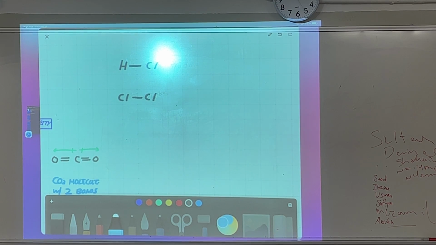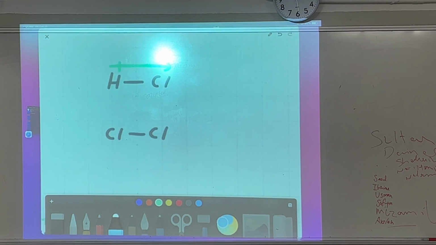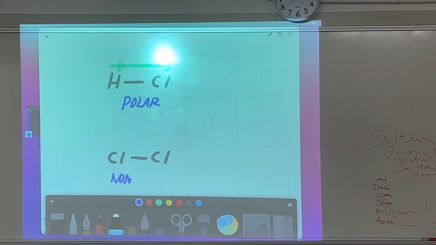The first bond has a vector, so it has a dipole moment. The second bond has no vector. Which molecule here is polar? The top one, right? So write down polar and non-polar. This is all that you need to draw in the first box. HCl versus Cl2.